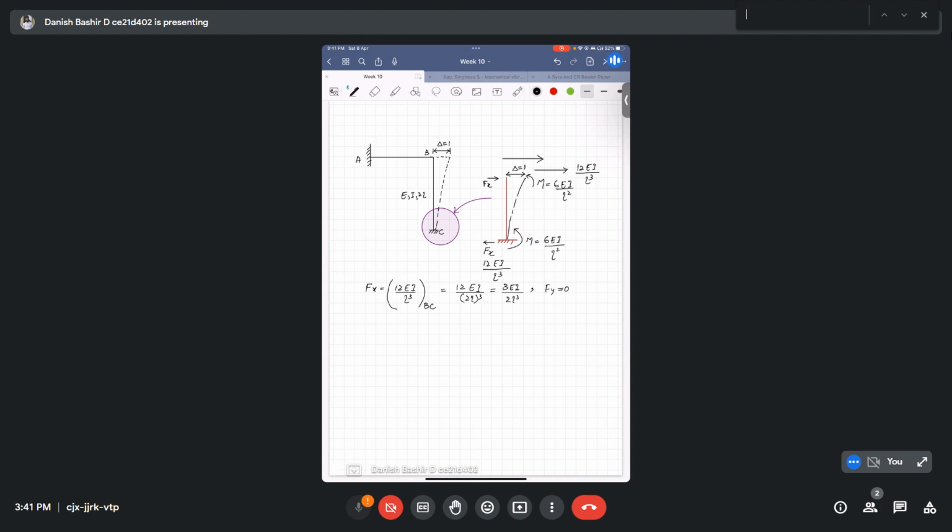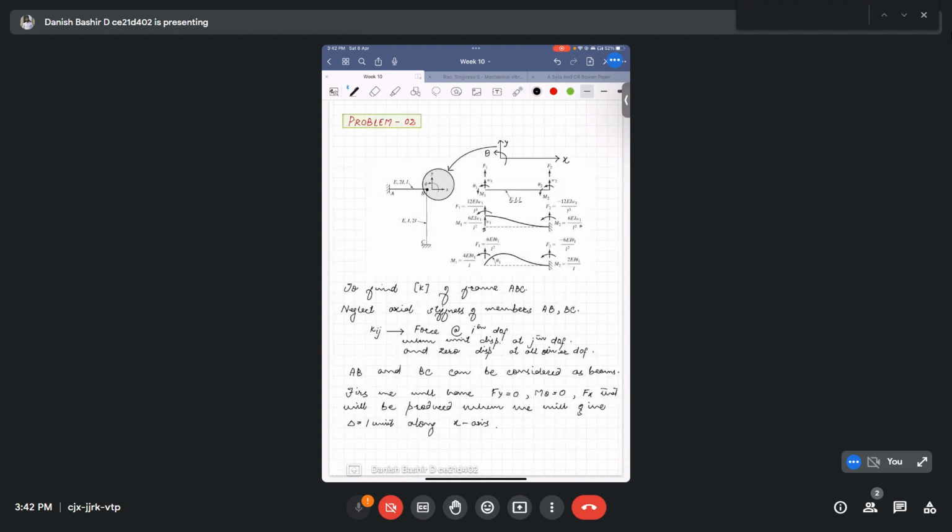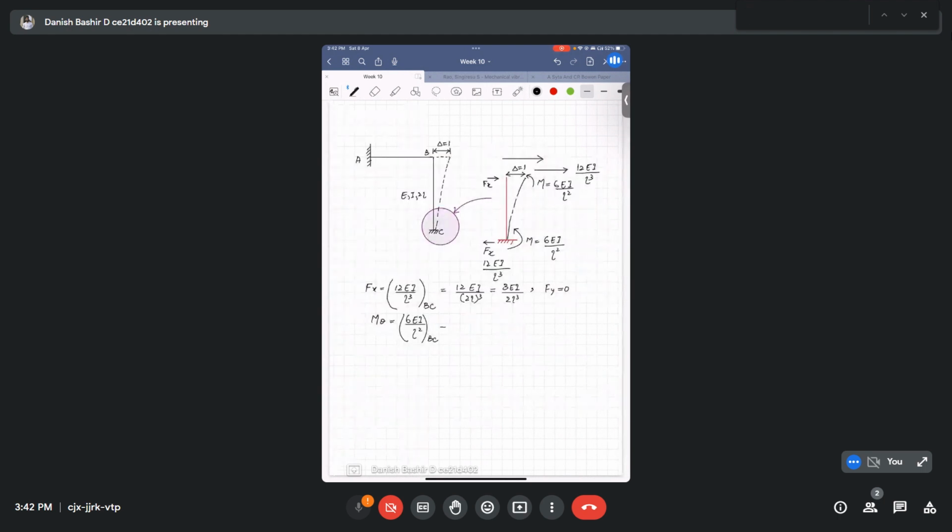We also have a moment there, 6 EI by L square of BC, M theta will be developed there. When we give this, it will be 3EI by 2L square, because for L we have to put 2L.